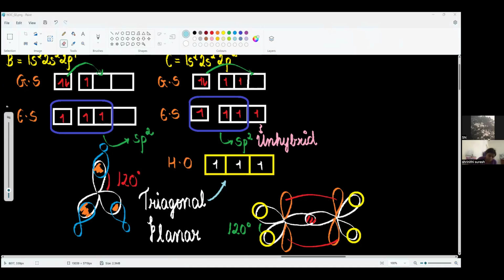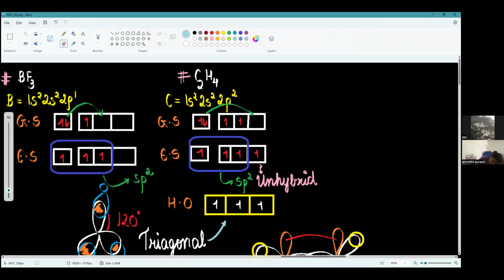I will give you one example. Look at the screen now. Suppose they ask you to give the hybridization of these two carbons which are highlighted with orange color. Can I say both the carbons have a double bond?